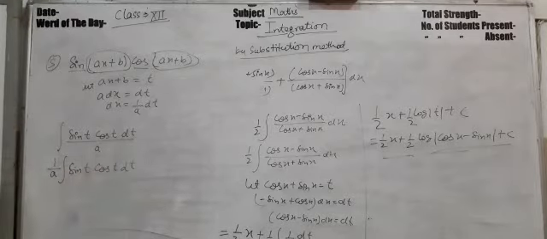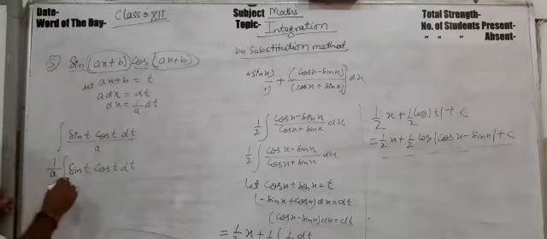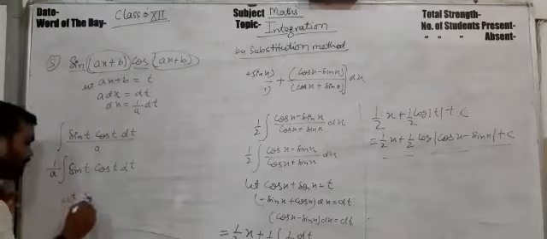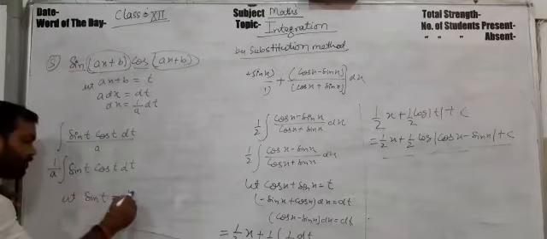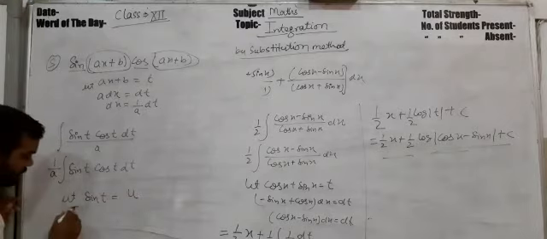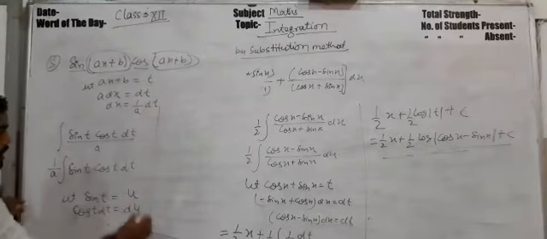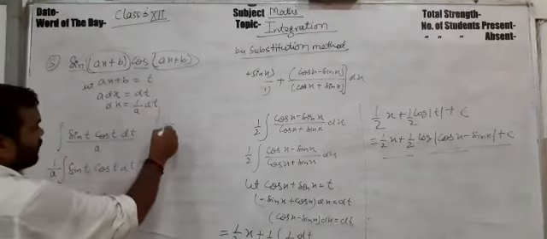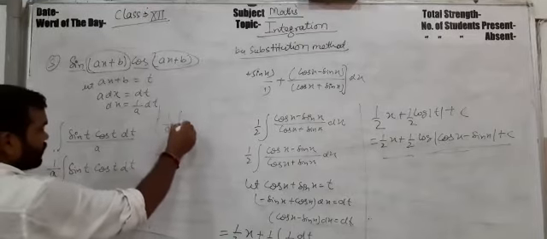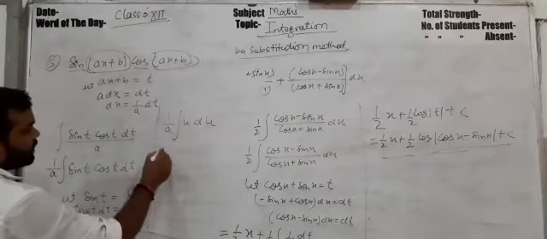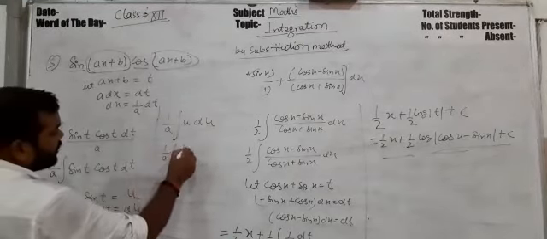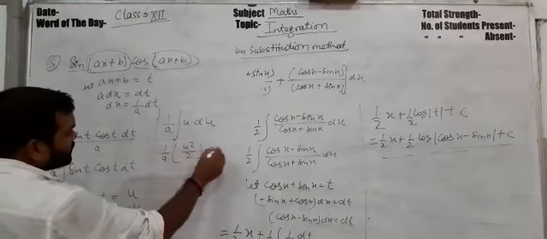Now again we can take sin t as u, that is, sin t is equal to u. So differentiation of sin t is cos t dt is equal to du. So this integration reduces to 1 by a times u du, that is 1 by a into u square by 2 plus c.